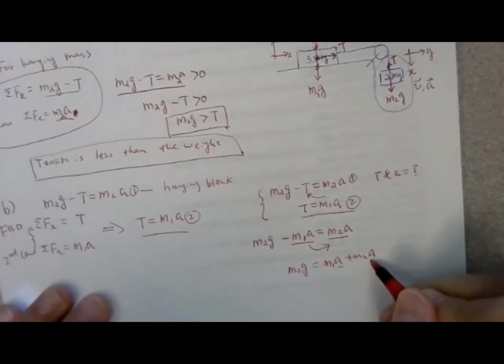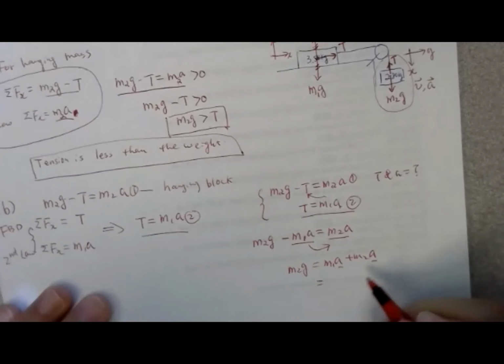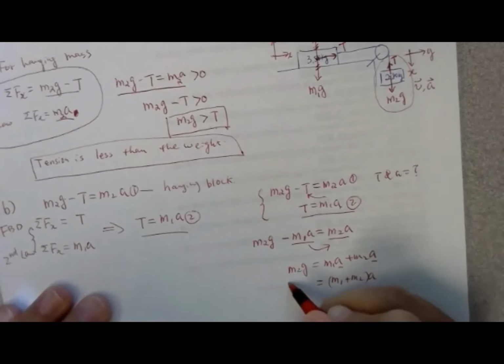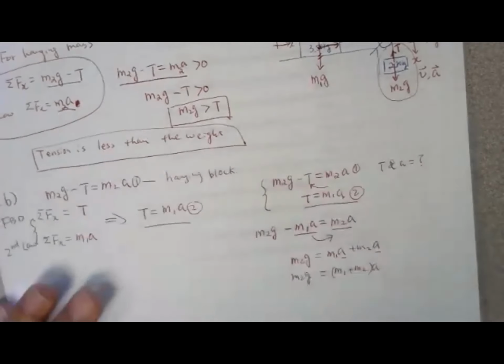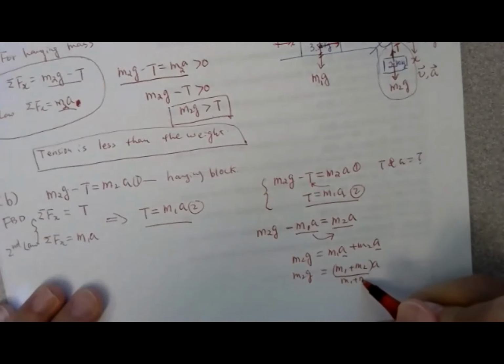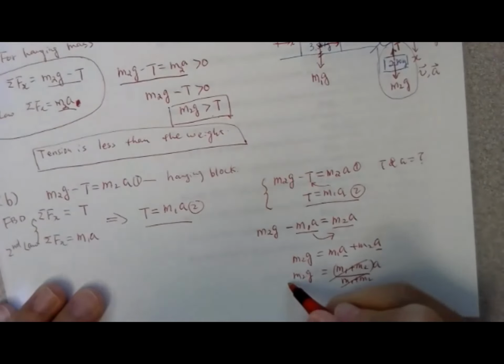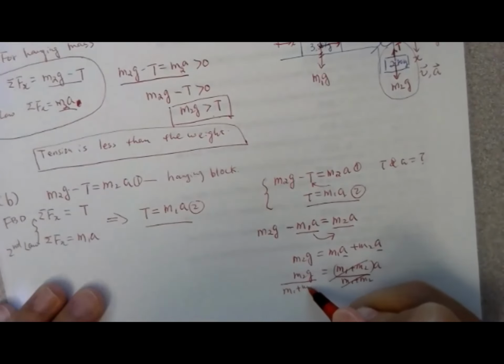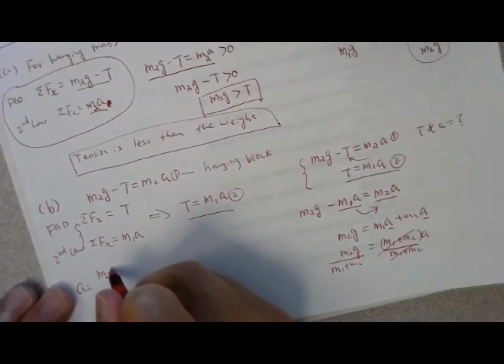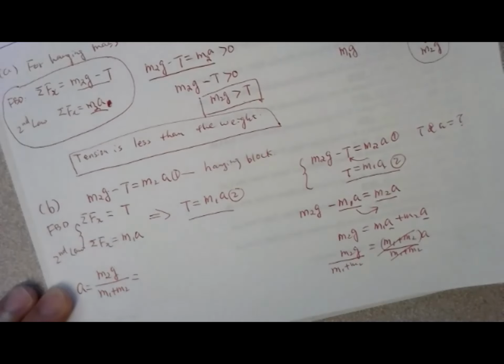And then factor a out. So m1 plus m2 times a will be equal to m2g, okay? Now to solve for a, you divide both sides by m1 plus m2. So your acceleration equals m2g over m1 plus m2, okay?